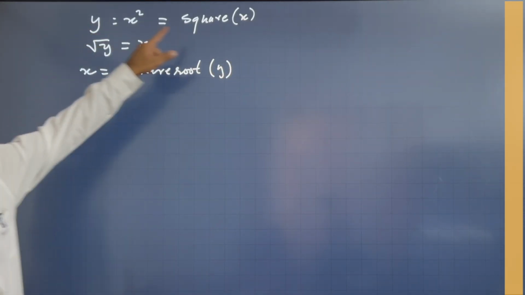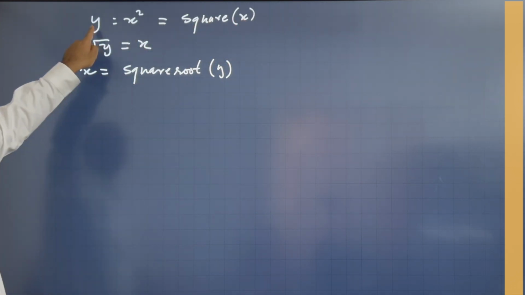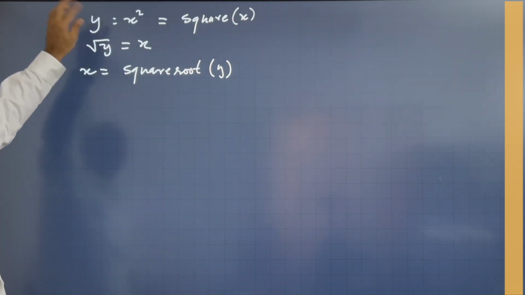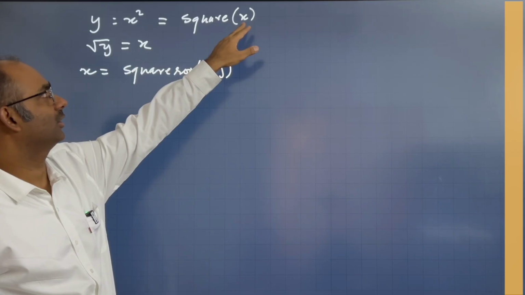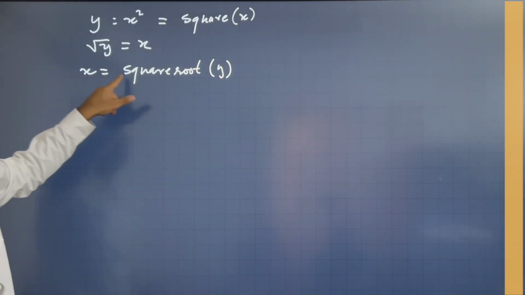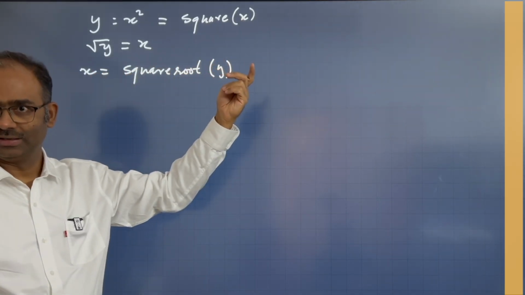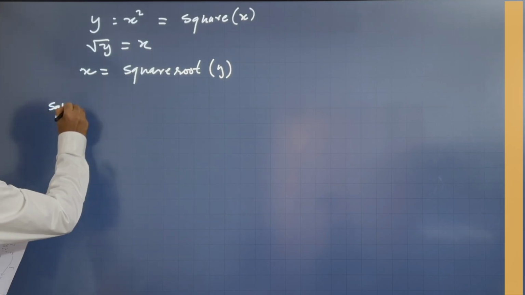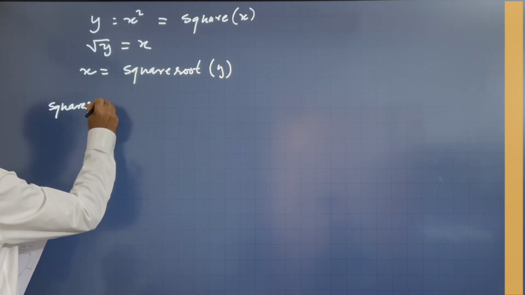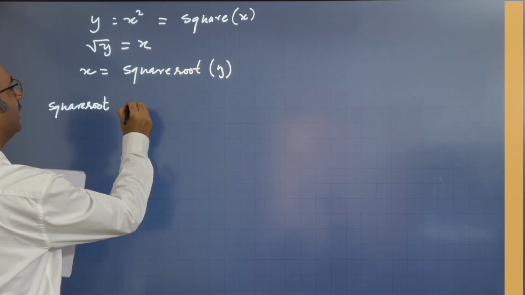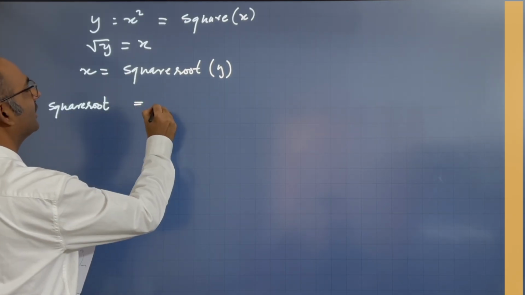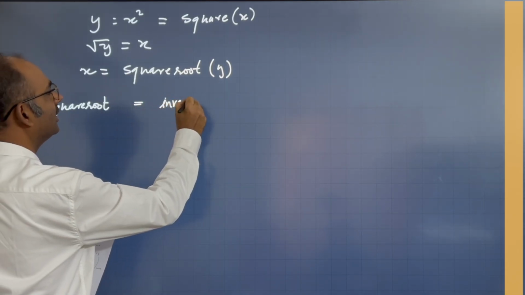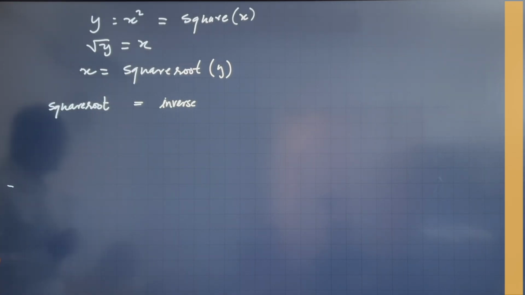If I give you x and I get y, then what you are asking is, if I give you y, what will give you that corresponding x? That corresponding x is given by taking the square root of y. It should also have plus minus, right?